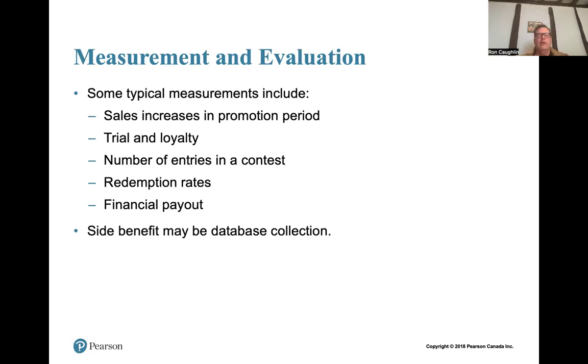We may look at measurement based on redemption rates or financial payout. Side benefit may also be collecting a database for your direct marketing efforts by growing a list of people that you can send continuous offers to, or messaging and or offers and deals because they've signed up for this list.